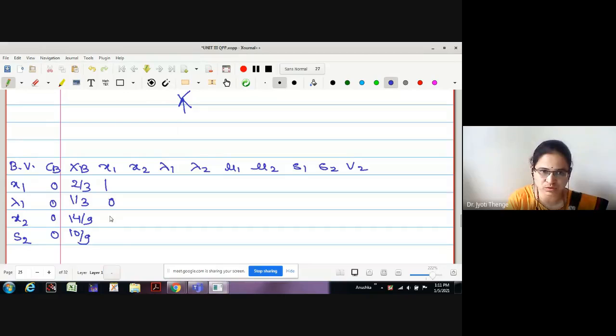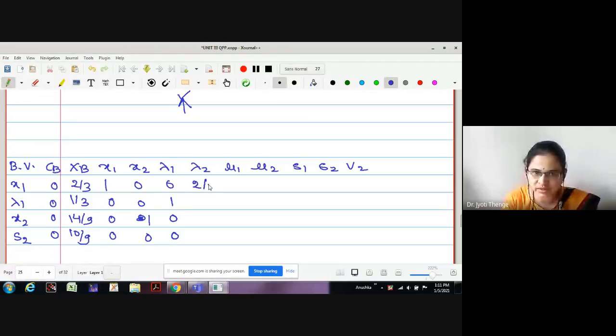x1 is 1, 0, 0, 0. x2 is, sorry, 0, 0, 1, 0. Lambda 1 is 0, 1, 0, 0. Lambda 2 is 2 by 3, 1 by 3, minus 4 by 9, minus 8 by 9.